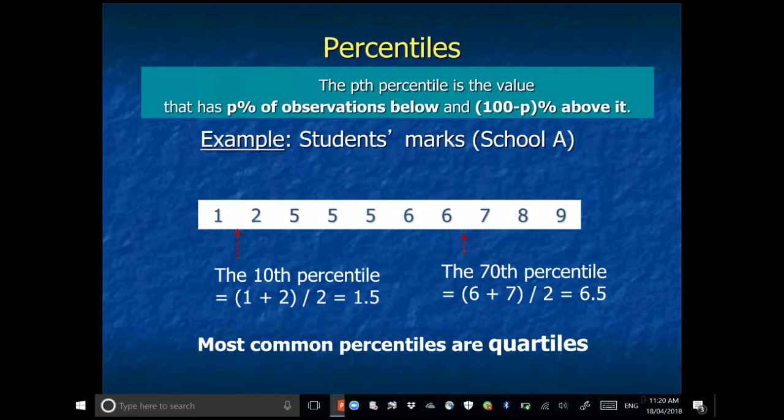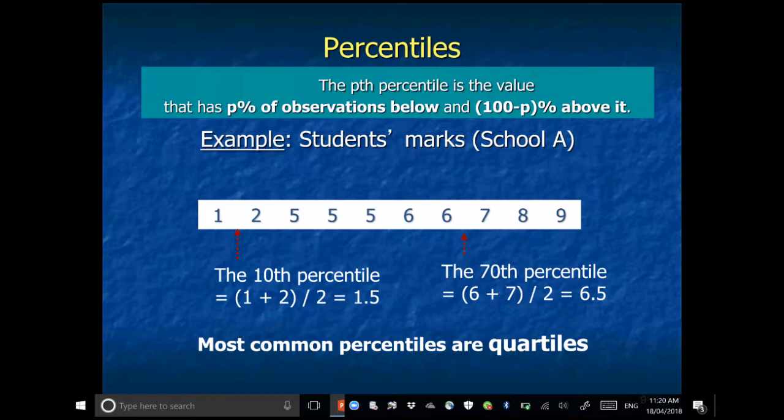So if I say the 25th percentile income in Australia is $30,000, that would mean that 25% of the people are earning below $30,000. Or in other words, 75% of people are earning more than $30,000. And similarly, we have the 75th percentile, with a special name, the third quartile. Okay, and then similarly, the 50th percentile would be the second quartile.